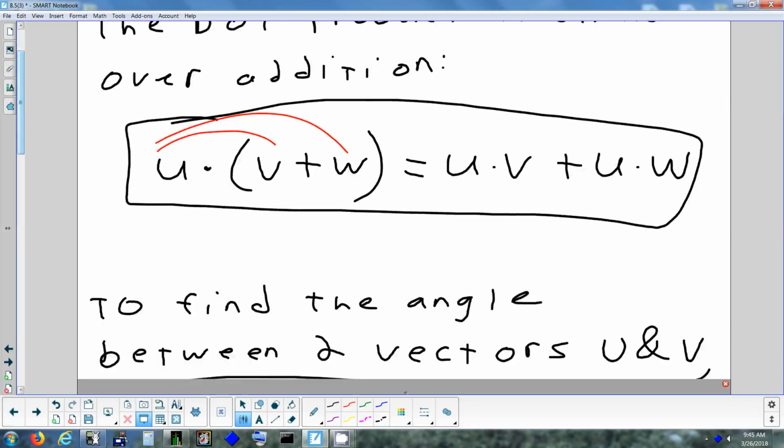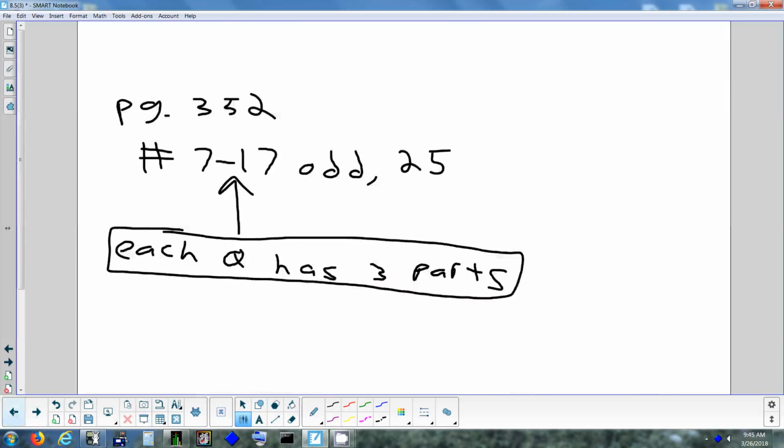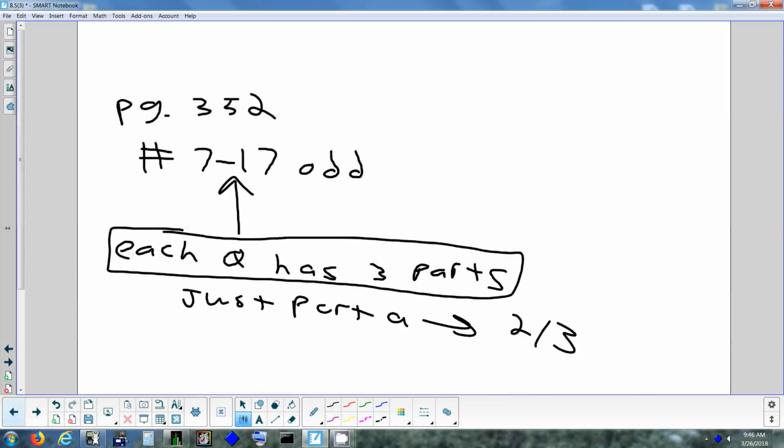All right, so the homework, it's going to be the same problems each night. And I'll explain what I mean. I want you to do 7 to 17, but each question has 3 parts. All I want you to do for tonight is part A. Just part A, if you're in period 2-3.